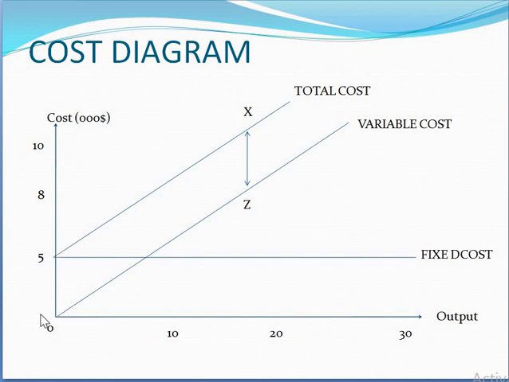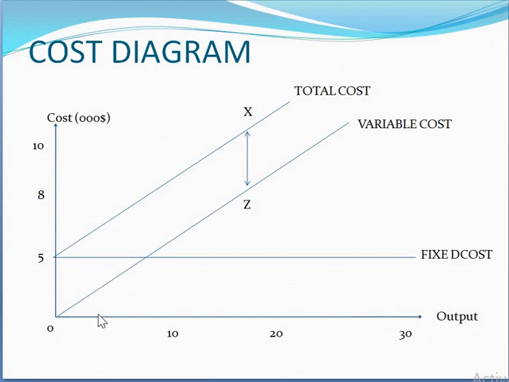Thus, as the production starts, the total cost increases along with the variable cost, but with a difference of fixed cost, that is 5,000. At every unit of output, the total cost is equal to the cost of producing this particular unit.